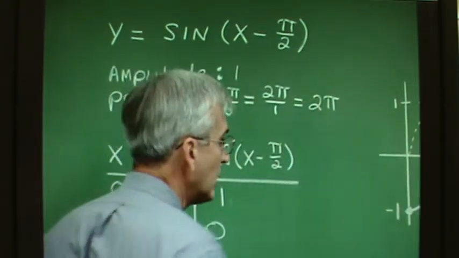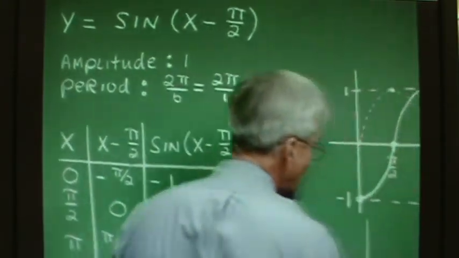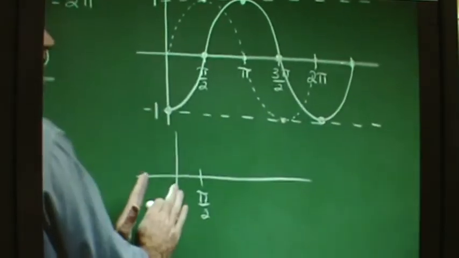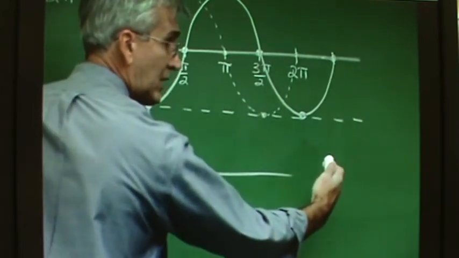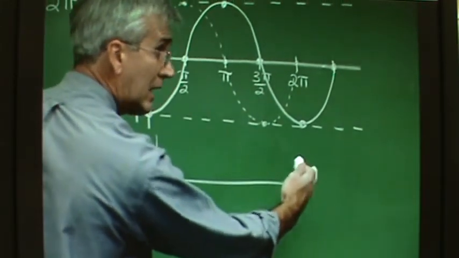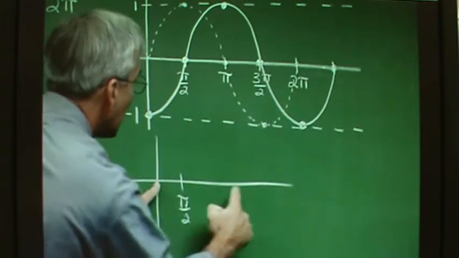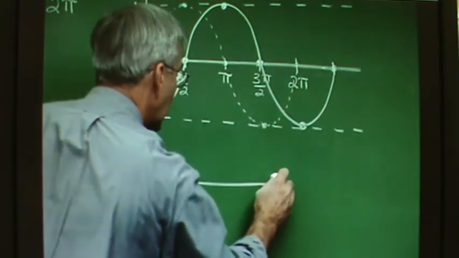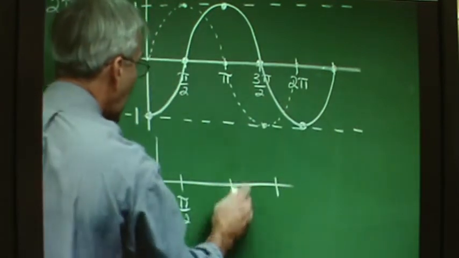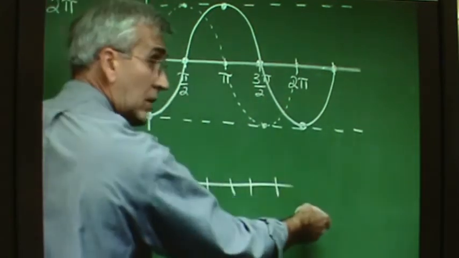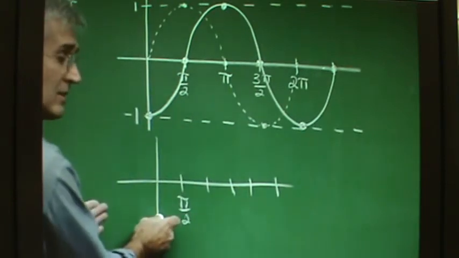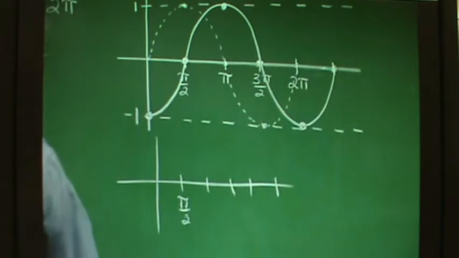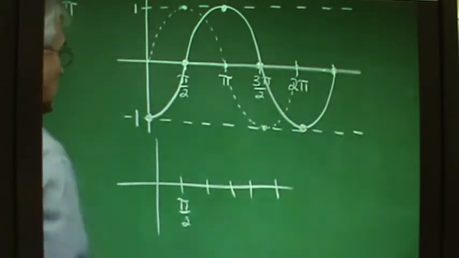So what we want to do is, when we construct the graph, start at that pi over 2 point and say, okay, here's where everything is starting, and I want to go in this direction a distance of 2 pi. So I've got 0 here, and then 2 pi plus pi over 2 puts me out here at a particular point, and now here's where my basic curve occurs, and I can backtrack to the y-axis if I want to, and I can backtrack this way as far as I want to, and that way as far as I want to.